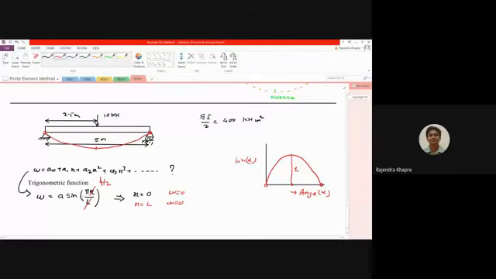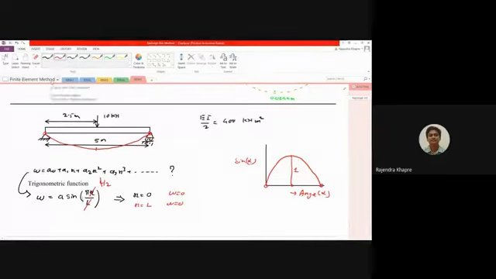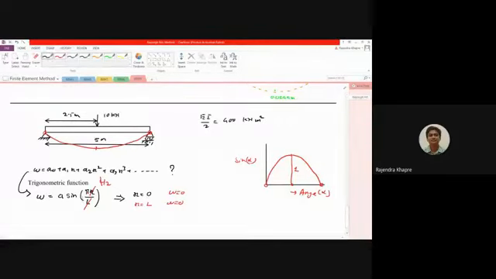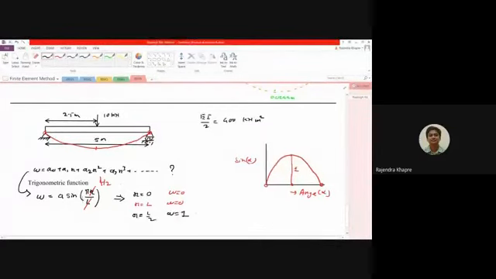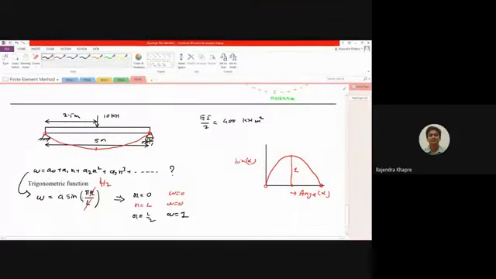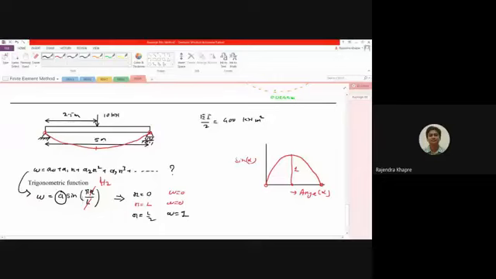Its value is basically 1, because at the center the value of this sine is always 1. So at x equal to L by 2, you are going to get 1, and of course you have a multiplication factor of A over here which will be unknown.